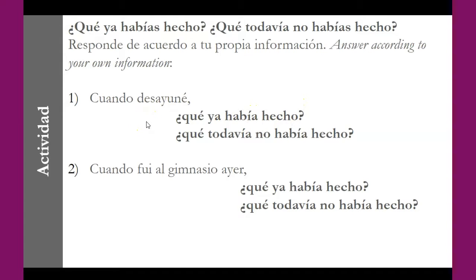So when you did something, what had you already or not yet done? In this case, when you had breakfast today, when you went to the gym yesterday, and express yourself. And pause the presentation to complete this, and then we're going to follow to the next slide.